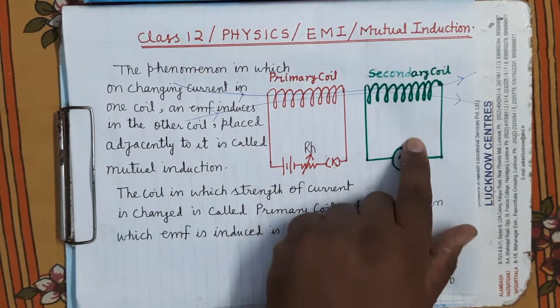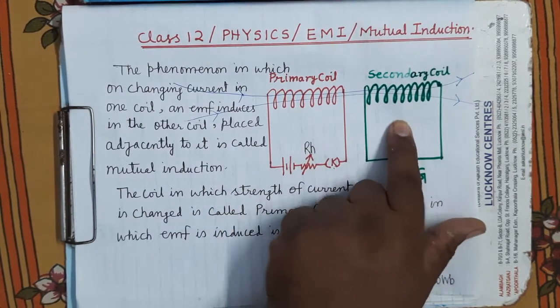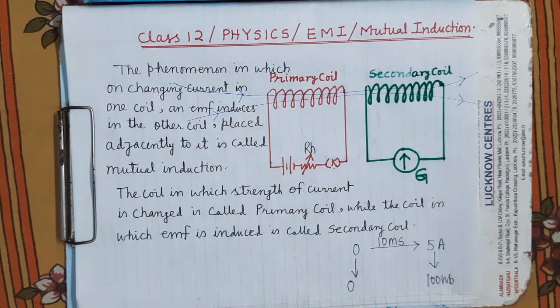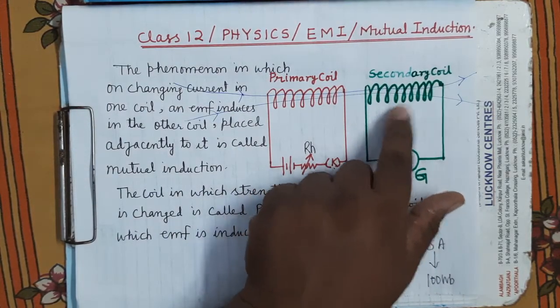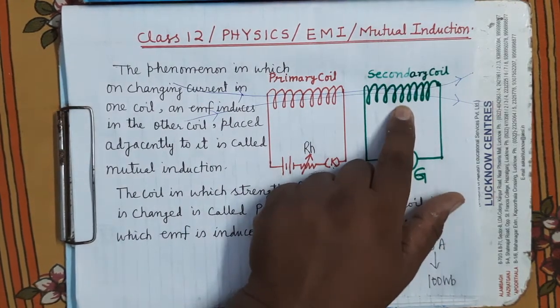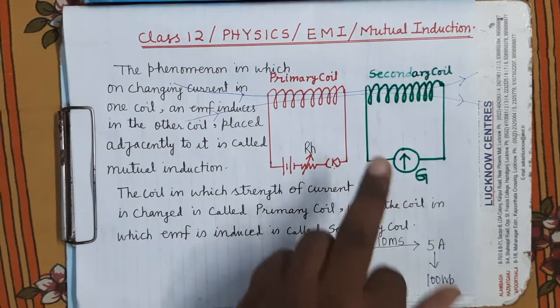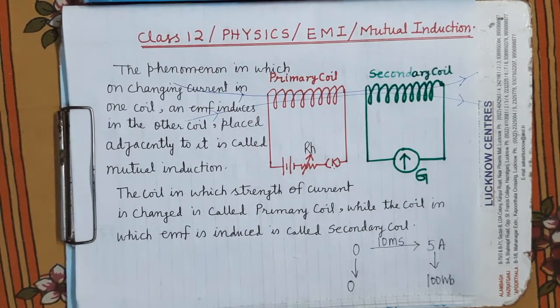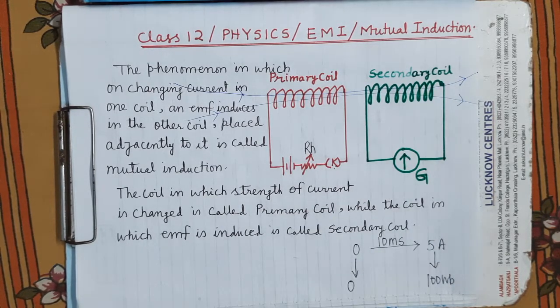And since the other coil is placed very close to this coil, the same change of flux will also take place through the other coil. Since there is a change of magnetic flux, according to Faraday's law, EMF will be induced, current will be induced, and the galvanometer will show deflection.